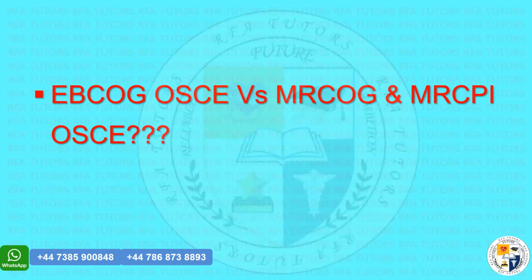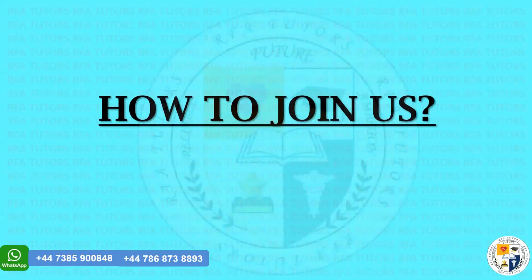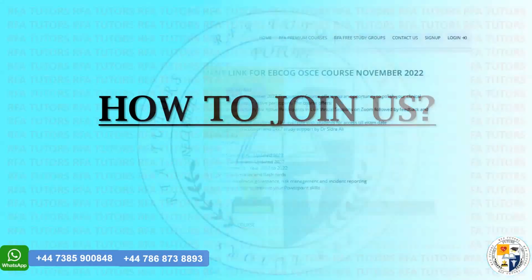So I suppose it's just a difference of format, really. But like what Dr. Sidra Ali always said, 70 to 80% of the preparation will still be somewhat similar across all 3 colleges.